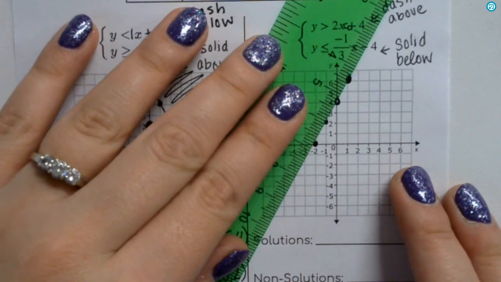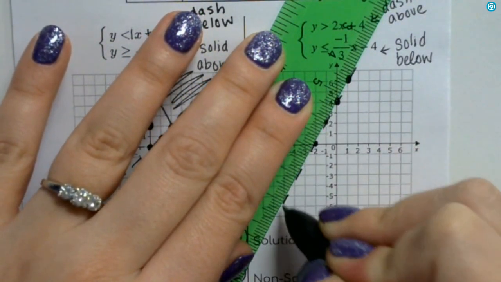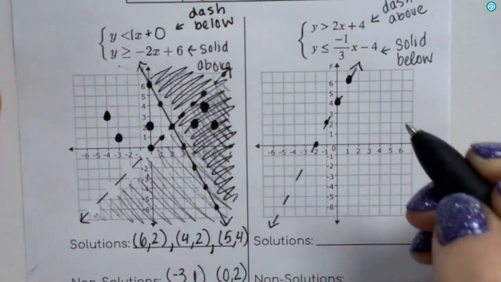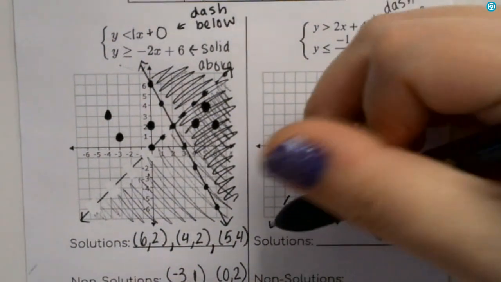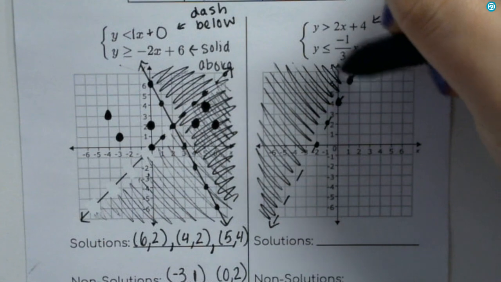Okay, and then we can connect these. This is going to be a dashed line. And then I want to shade everything above that line. This side here.